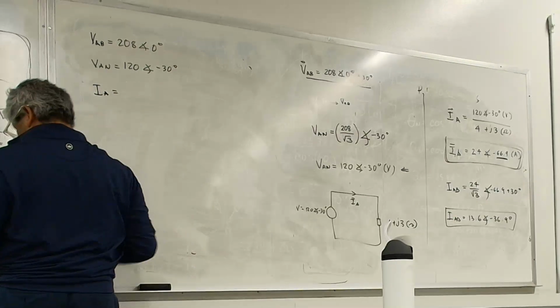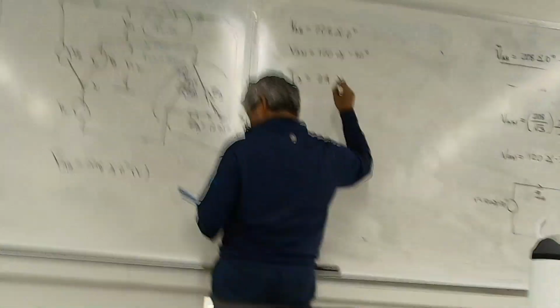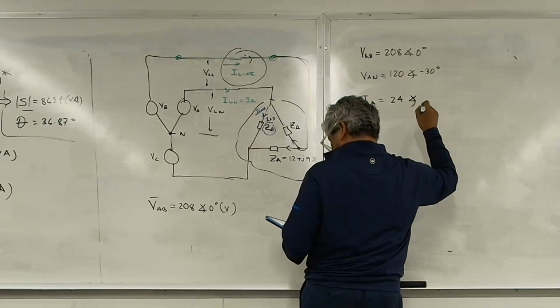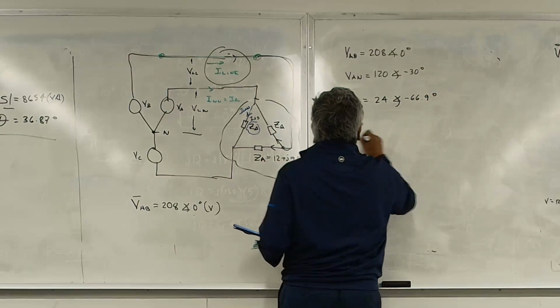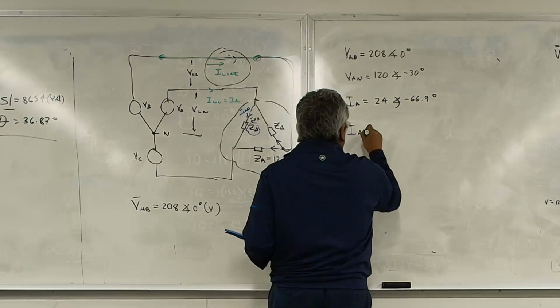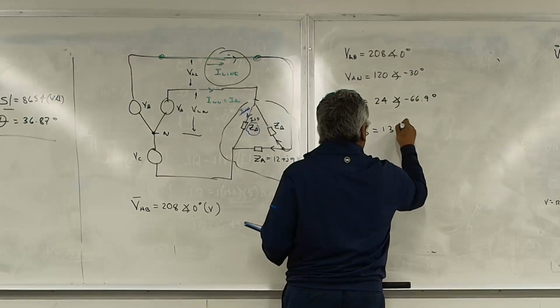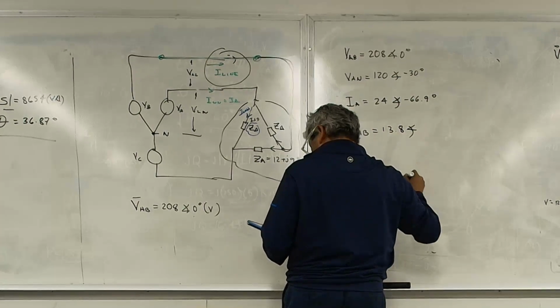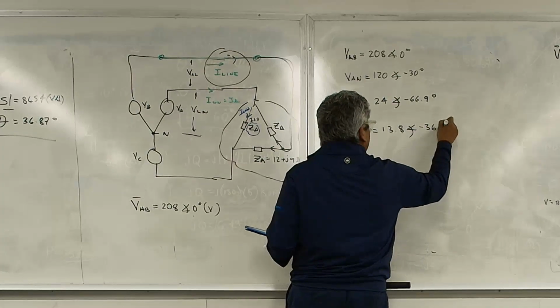IA was equal to 24 angle of minus 66.9 degrees, and IAB, we said, was 13.8 angle of minus 36.9 degrees.